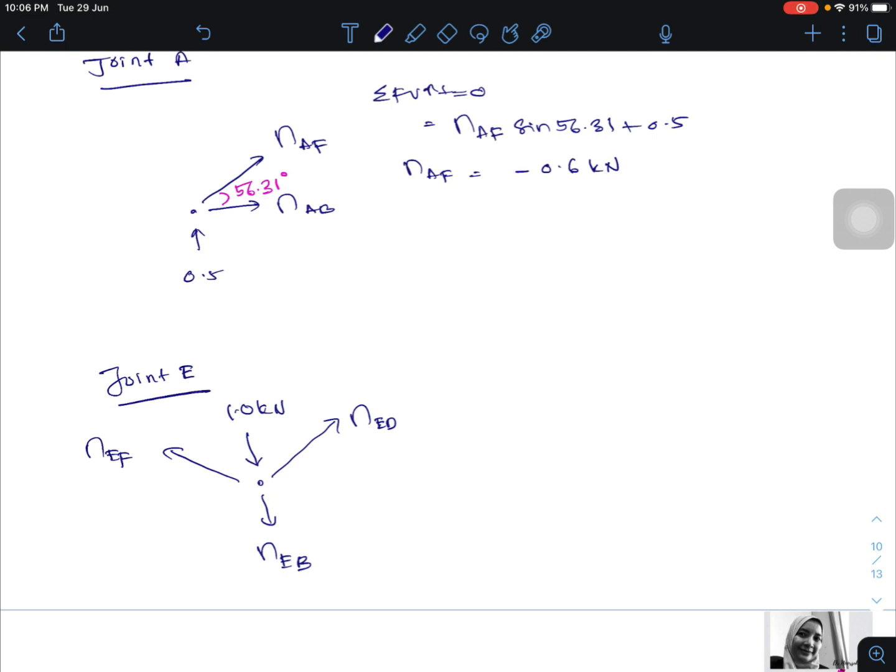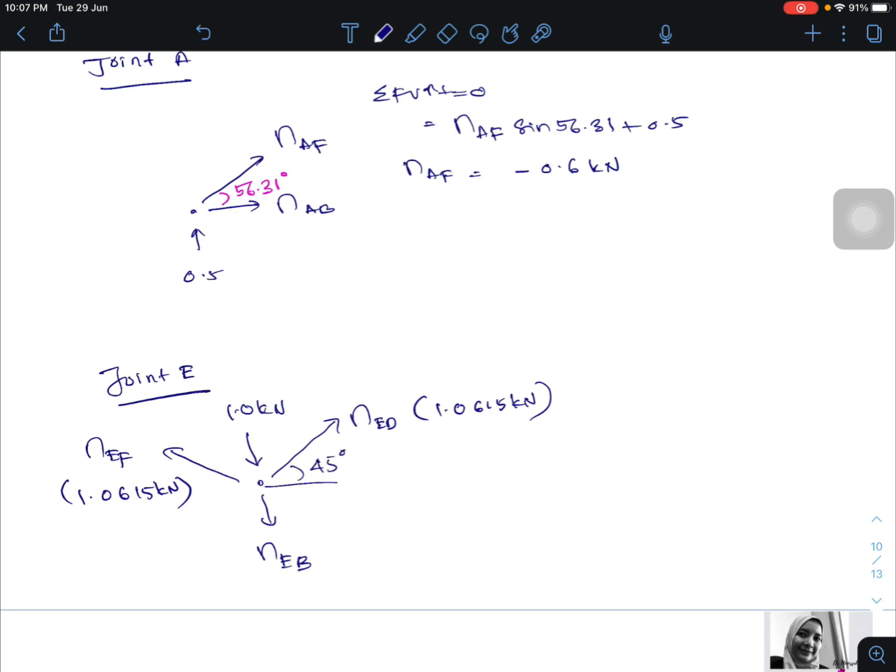So NED is 1.0615, and NEF the same value, 1.0615 kilonewton. This one also kilonewton. In some references, it is considered as unitless.